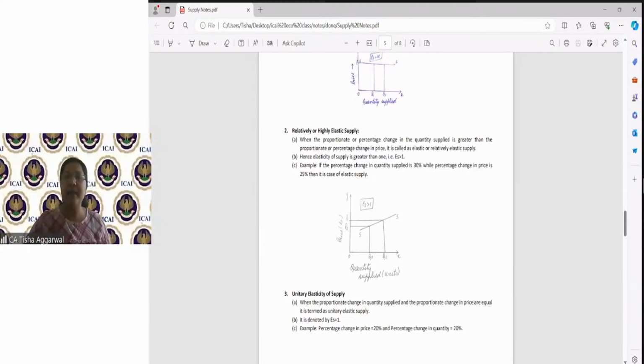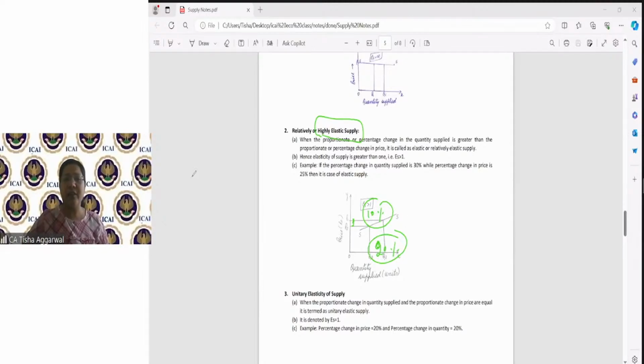So if I say that the elasticity of supply is more than the change in price, look at this: the price change is only 10%, but the quantity supplied is 20%. If such an increase is there, that is known as the highly elastic supply. Look at this graph and see how steep it is. Okay. Slanting it is.